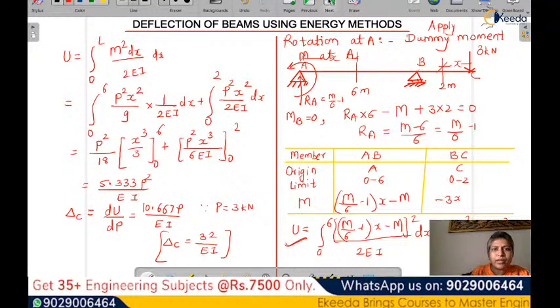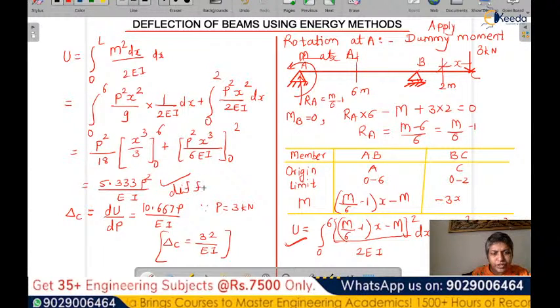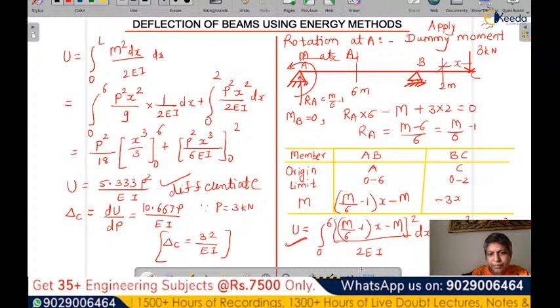Okay, so here what we have done for this particular equation, we have differentiated it, like we did in the previous case also. Once we were done there, we differentiated the equation and then we got the deflection. Similarly, here also we are differentiating this particular equation.